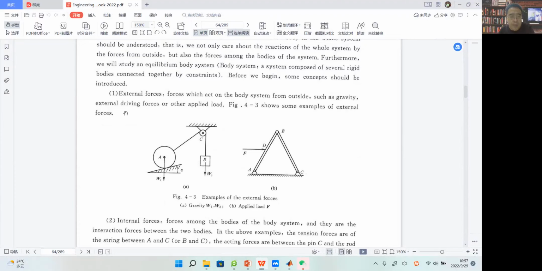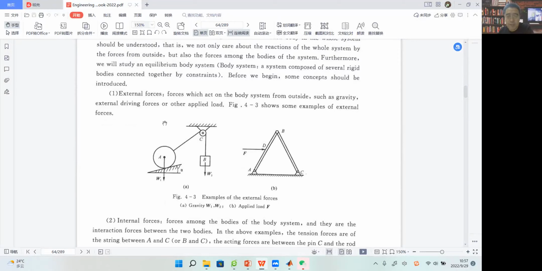So, external forces. Actually, this concept you can think of as the active forces. Forces which act on the body system from outside, such as gravity, external driving forces, or other applied loads, right?